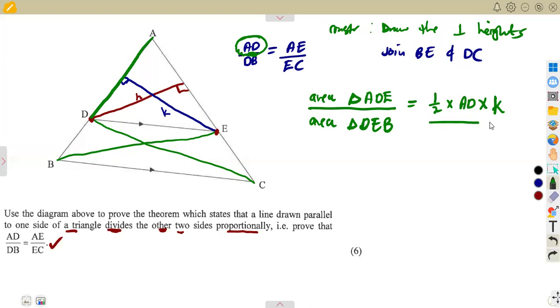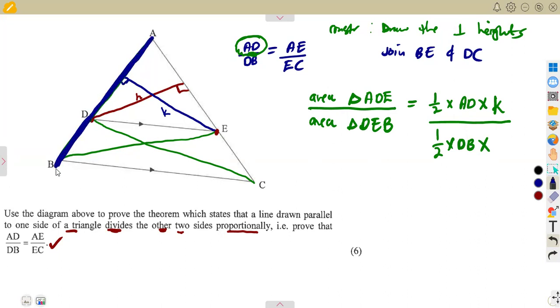In this case, you're going to do the same thing. Half of this DEB, you maintain its base, which is BD. So it's going to be half of BD or DB, no matter which way you take it, times the height. The height which lies on BD, remember this line DB here is the same line which is on AD.